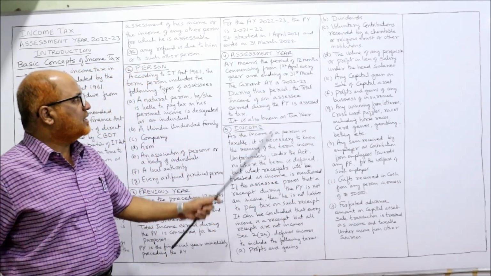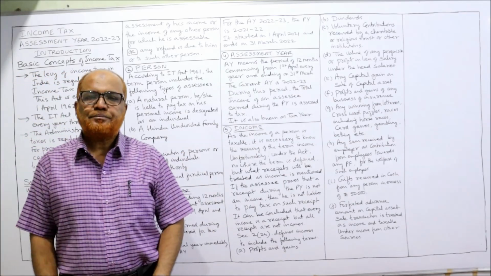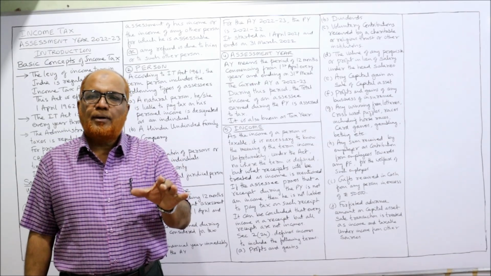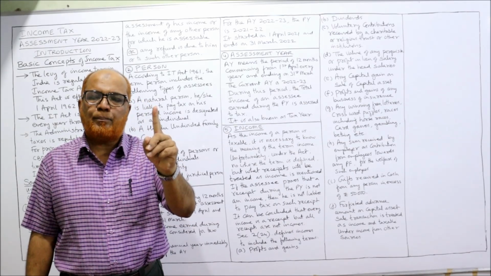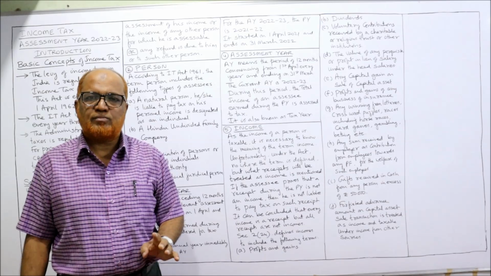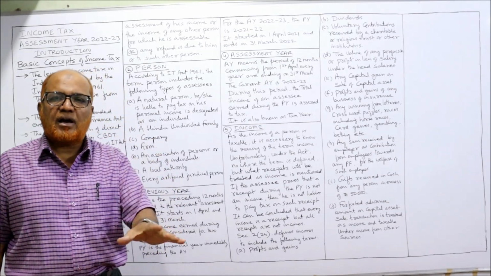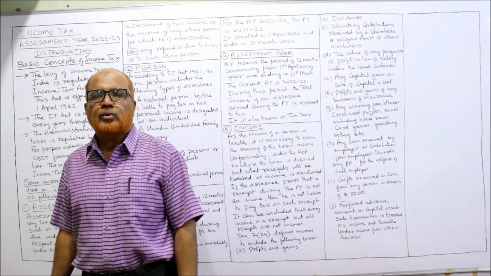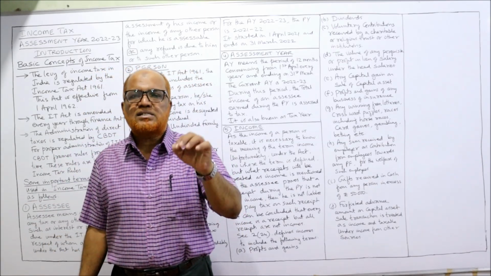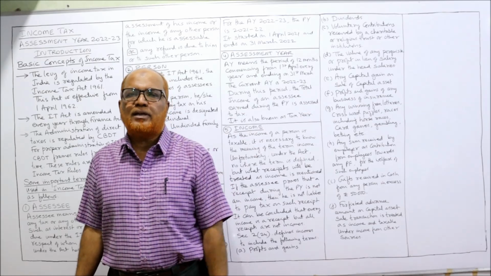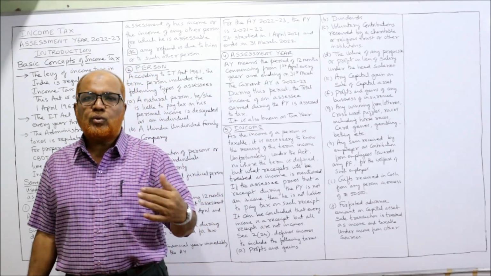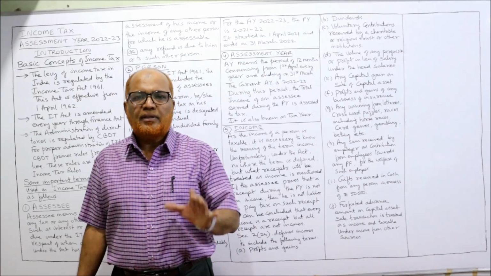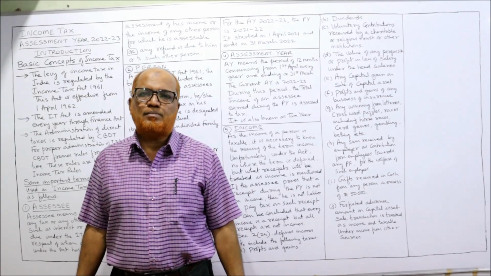Now the next concept is assessment year. Again, assessment year is a period of 12 months beginning from 1st April and ending on 31st March. Example, our current assessment year is 2022-23. That means it started from 1st April 2022 and is going to end on 31st March 2023. This period is called the assessment year.